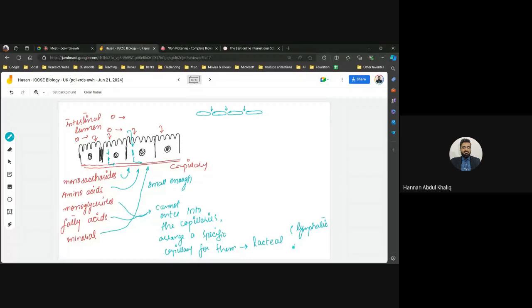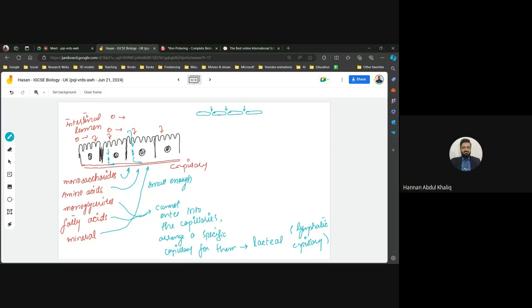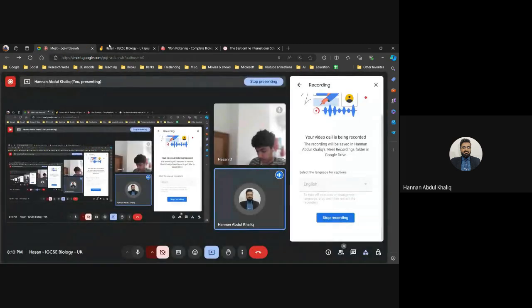You know the lymphatic system? Lymphatic system is another transport system. Like we have transport systems in our body, one type of transport system is the blood circulatory system, and the other type is called the lymphatic system.